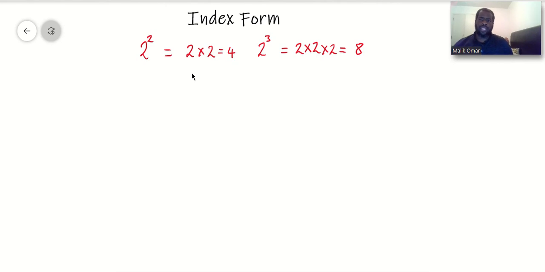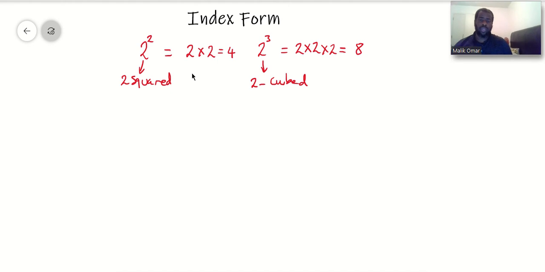But this, 2 to the power 2, is known mathematically as 2 squared. And 2 to the power 3 has a special name, which is 2 cubed.